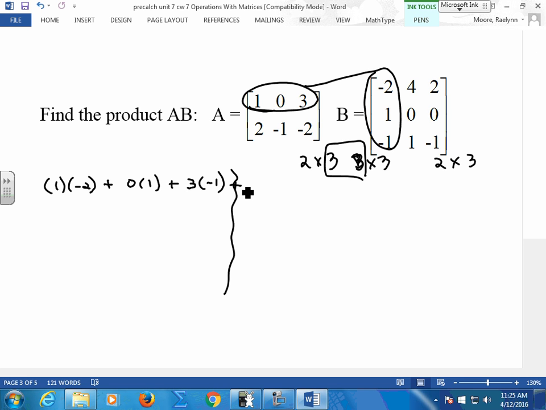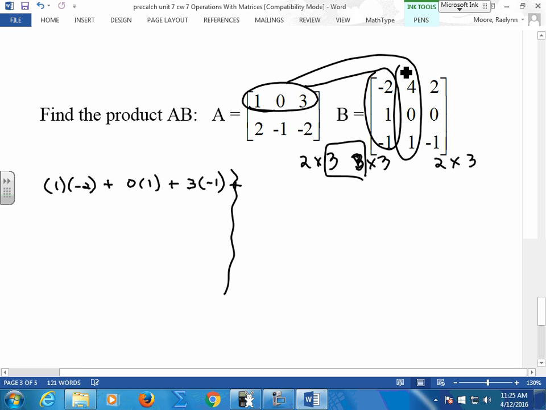Because we're 2 by 3, right? So, we've got another column to do. So, 1 times 4 plus what? 0, 0, 0 plus 3, 1. Good. Take a break. Go to the last column.